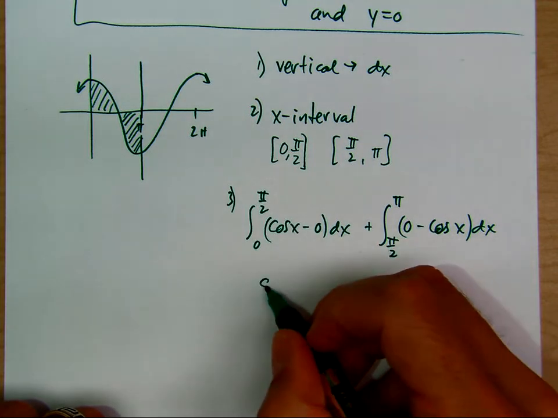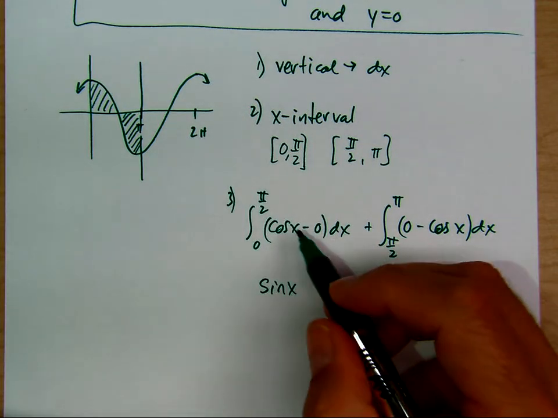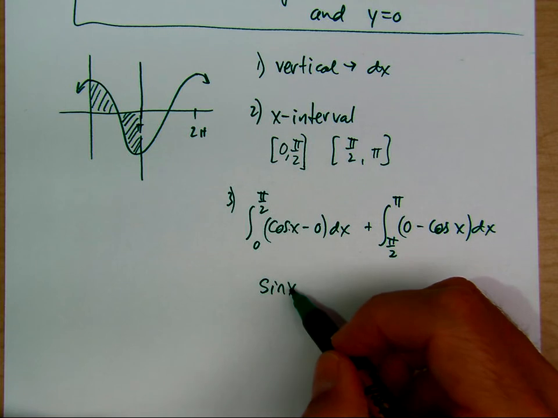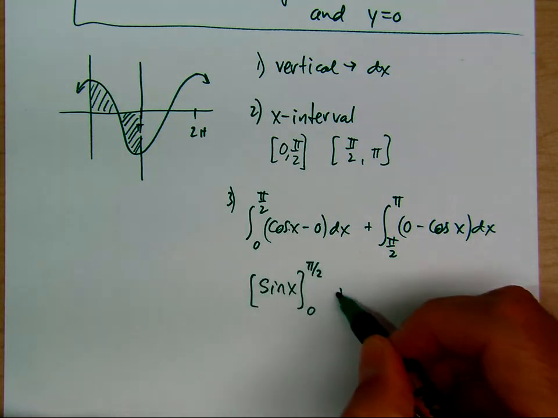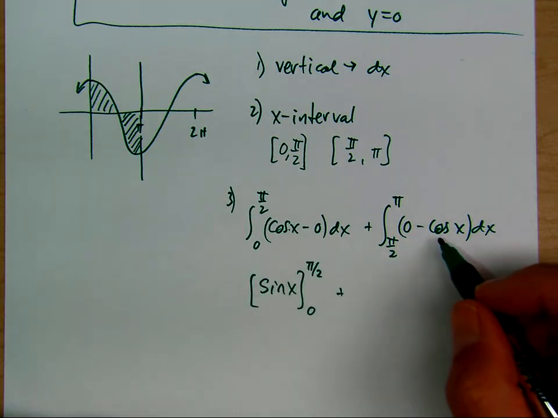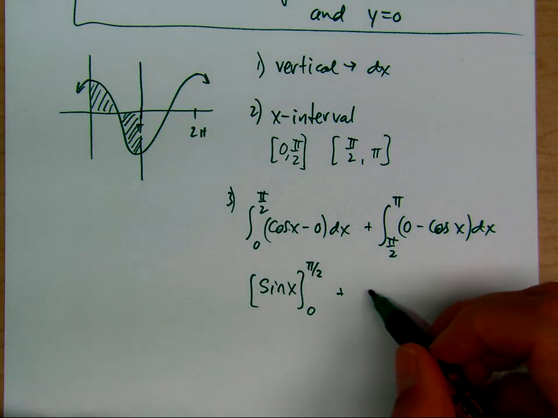Cosine is the derivative of sine, so the antiderivative of cosine is sine, 0 to pi over 2. And here we'll have negative sine.